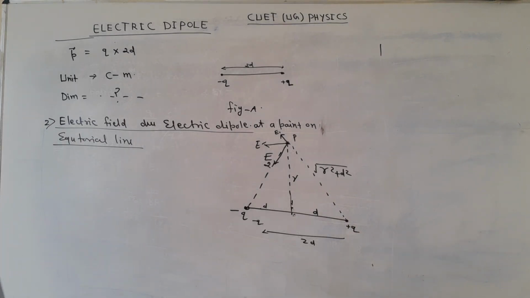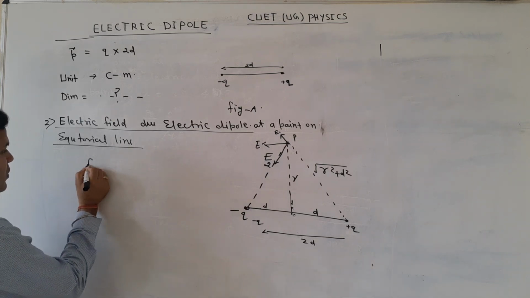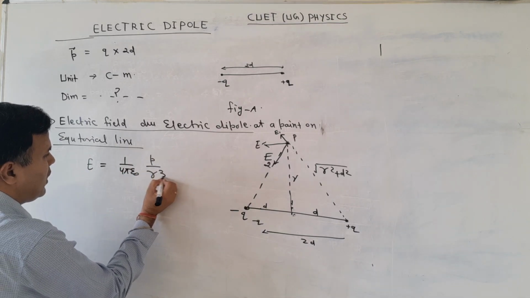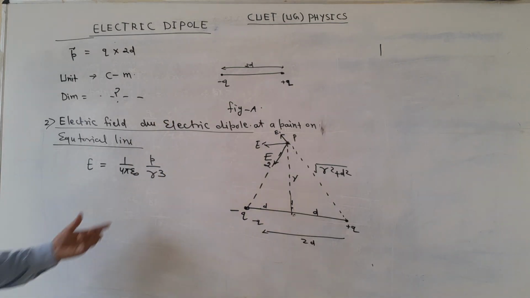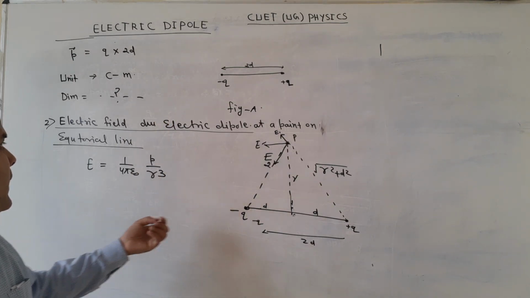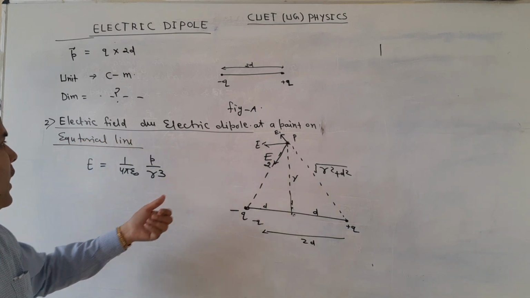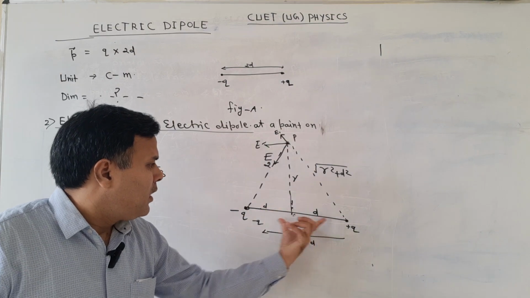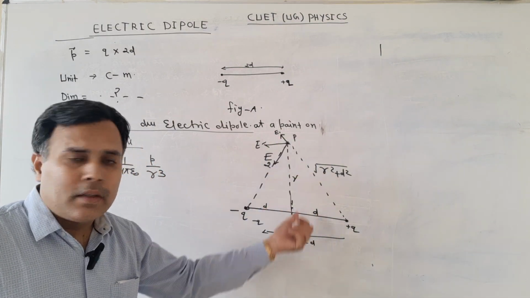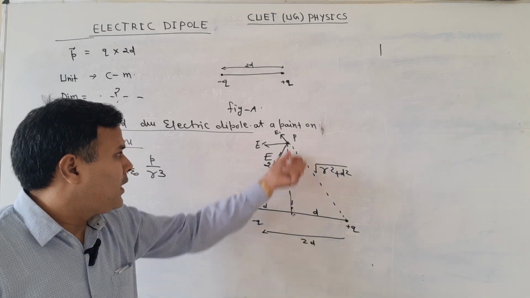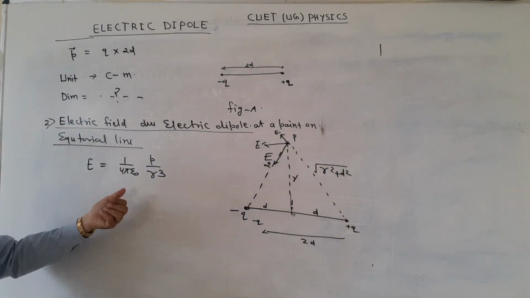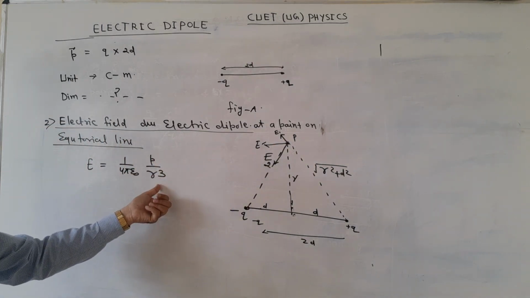After doing calculation, we have electric field E equal to 1 upon 4 pi epsilon 0 p by r cube. In the earlier case, we had 2p by r cube, but at equatorial line, the electric field due to an electric dipole at a point on equatorial line is EP equal to 1 upon 4 pi epsilon 0 p by r cube. Equatorial line means the perpendicular bisector of the line joining this dipole.